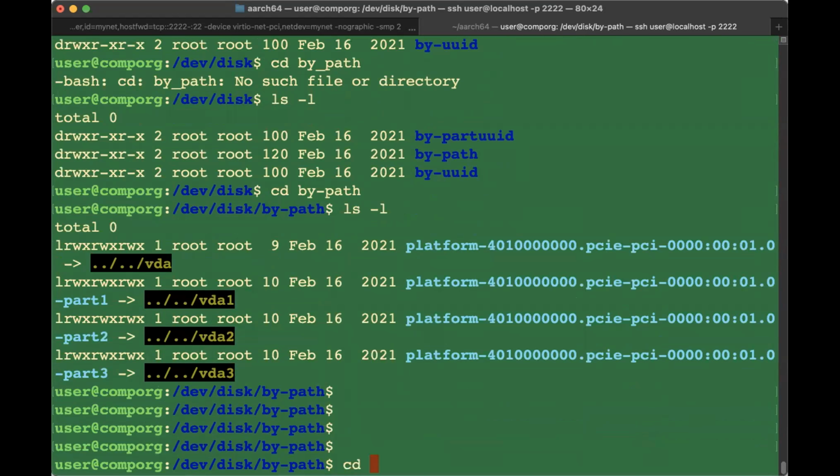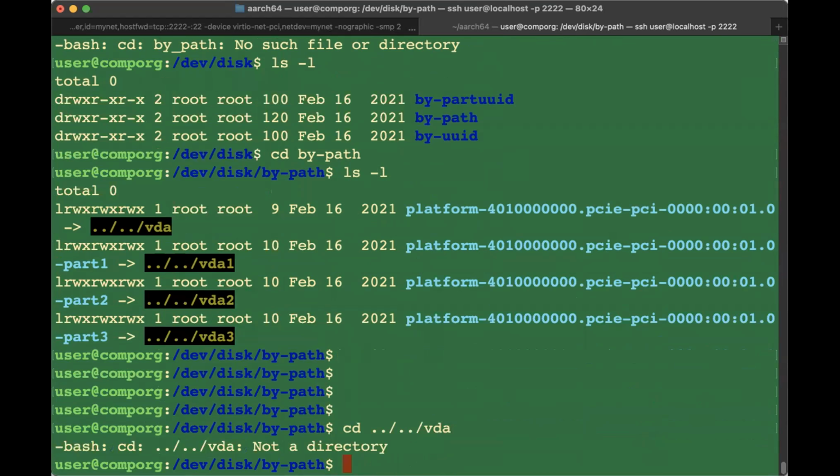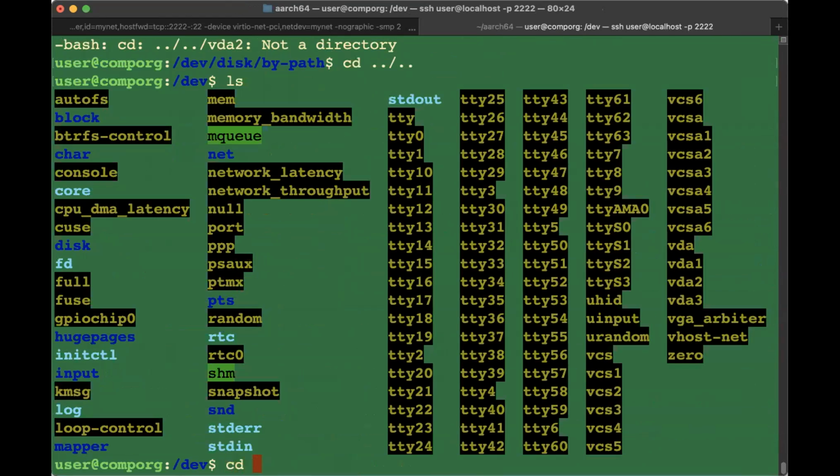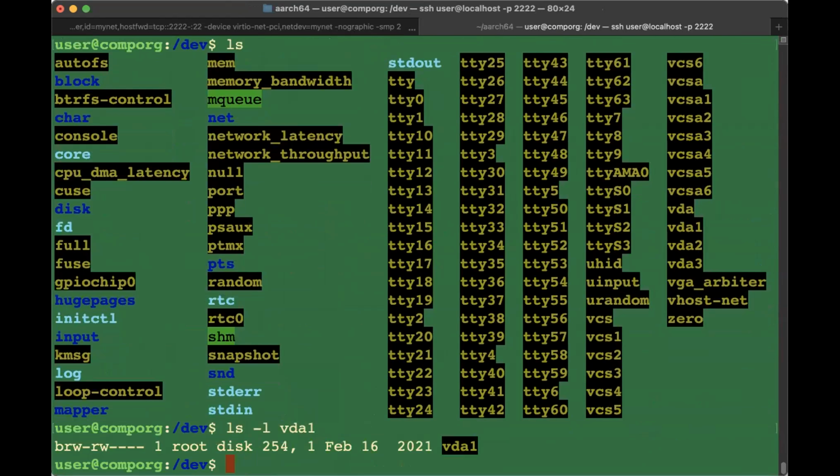And now let's go up to vda2. All right. CD to, did it say vd? Can't you CD to the symlink or whatever type of link it is? And it should go to the actual directory?